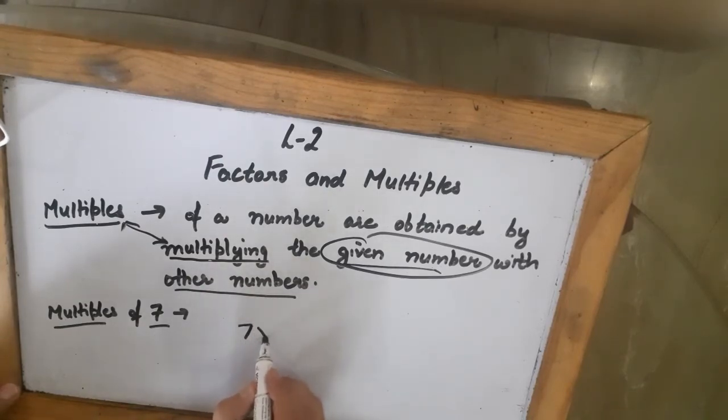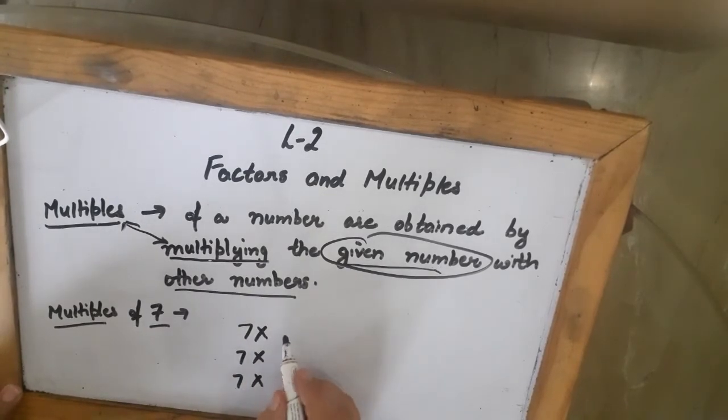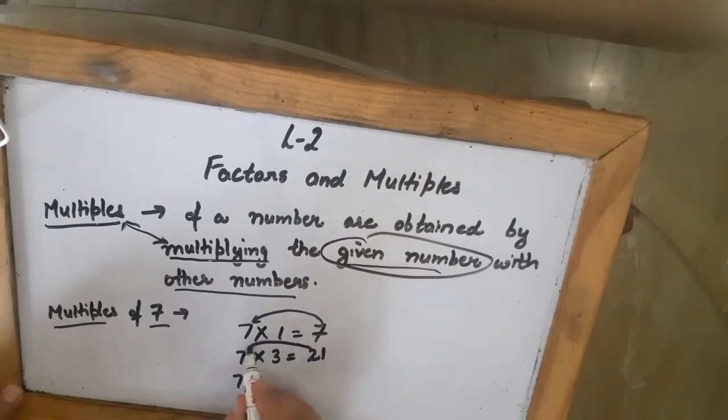If I multiply 7 with 1, 7 ones are 7. So this is a multiple of 7. 7 threes are 21. So this 21 is a multiple of 7 because I multiplied 7 with another number.